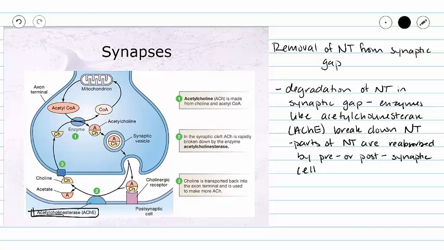Acetylcholine esterase is going to take acetylcholine and break it into its component parts of choline and acetate. Those parts are then reabsorbed into either our presynaptic cell or into our postsynaptic cell. So we've broken down our neurotransmitter so that it can no longer stimulate our postsynaptic cell, but we are going to reuse the parts.